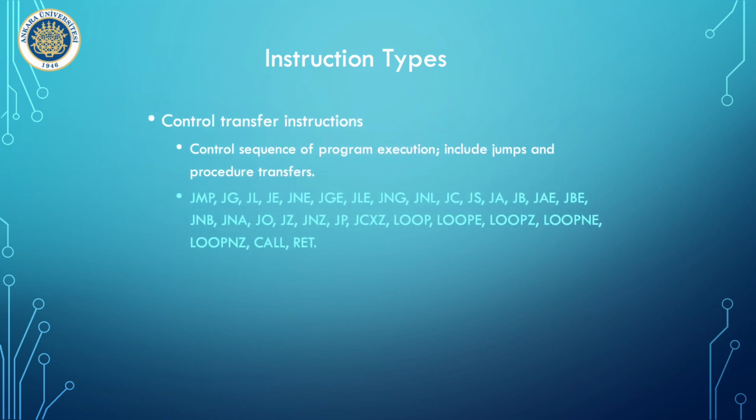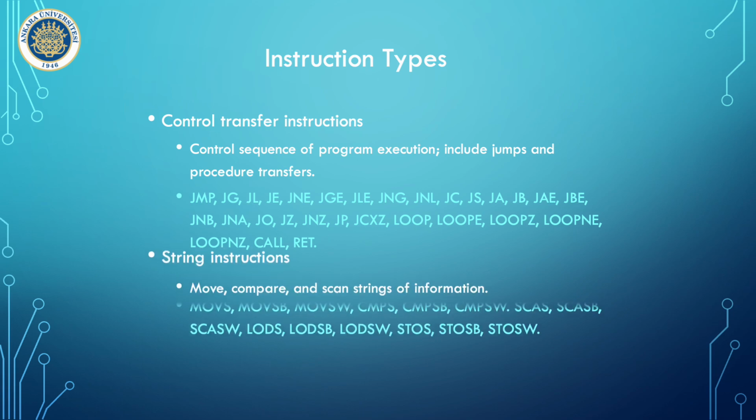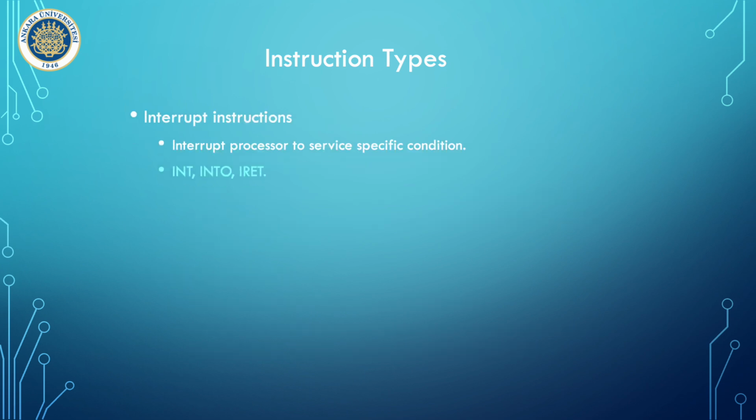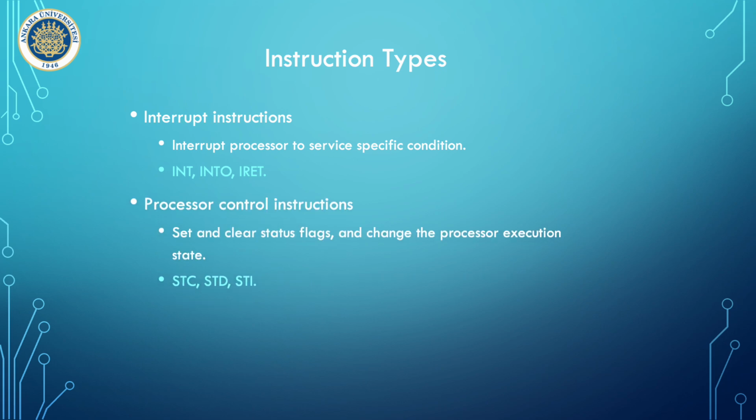Control transfer instructions control the sequence of program execution, including jumps and procedure transfers. String instructions move, compare, and scan strings of information, as examples MOVS, MOVSB, MOVSW, CMPS, etc. Interrupt instructions interrupt the processor to service a specific condition.